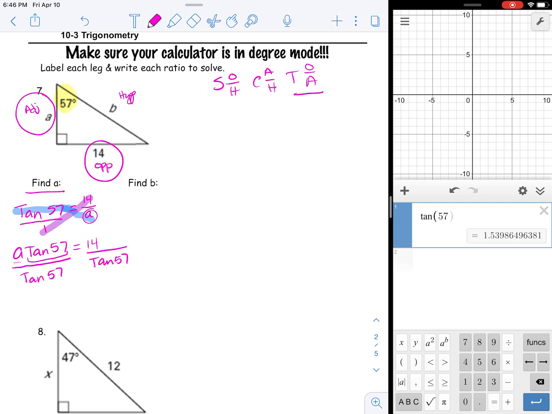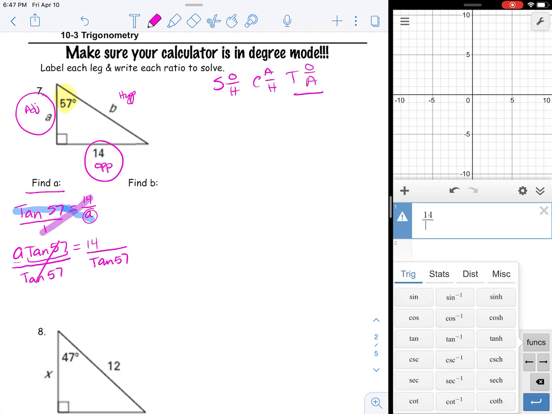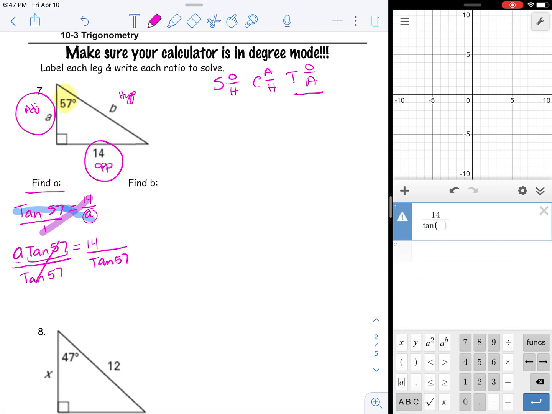So in the calculator, what we really want to do is 14 divided by the tangent of 57. So we're going to have 14 divide, push functions, get tangent 57, and it's giving us 9.09.